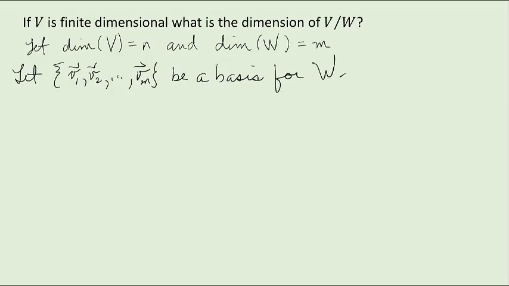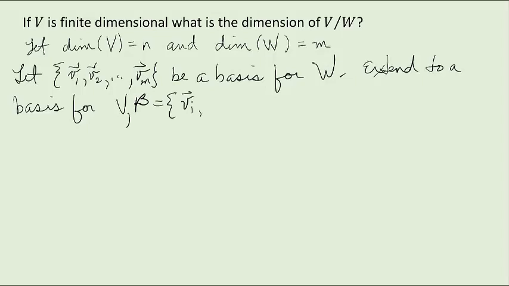Well, we know that we can extend that basis to a basis for V. So let's do that. Extend to a basis for the entire vector space V. Let's call it beta equals, and we have our V1, V2, up to V sub m.